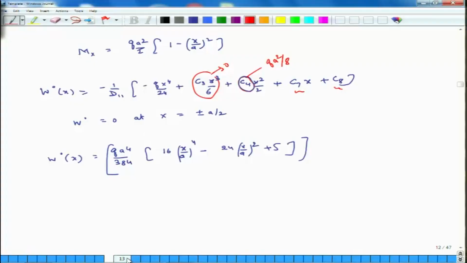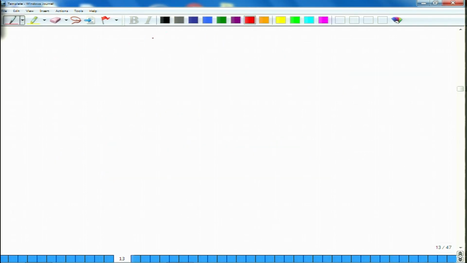Let us go back to our original differential equations. What are the governing differential equations?